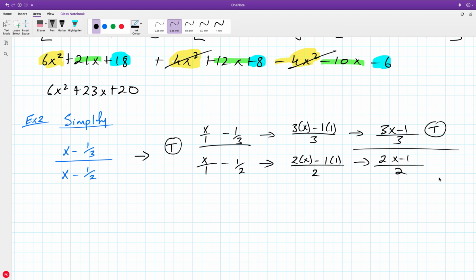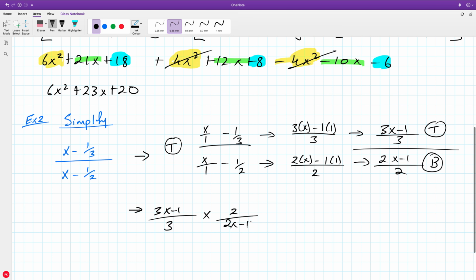So now we have our top and our bottom. Abby, two fractions divided by each other. How do I divide them? I flip the second one. Brilliant, good stuff. So that becomes 3x minus 1 over 3 multiplied by 2 over 2x minus 1.